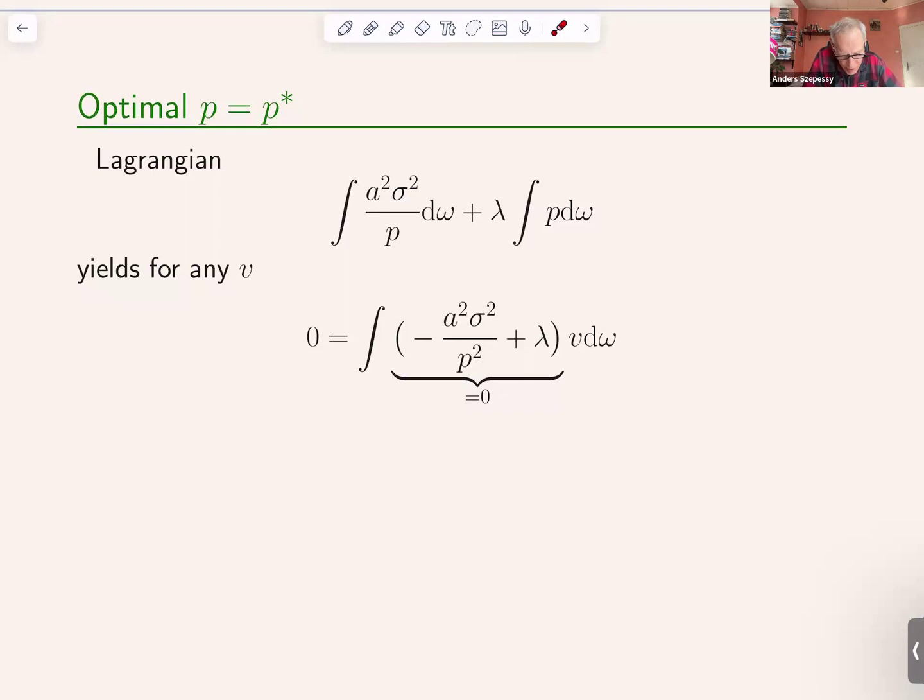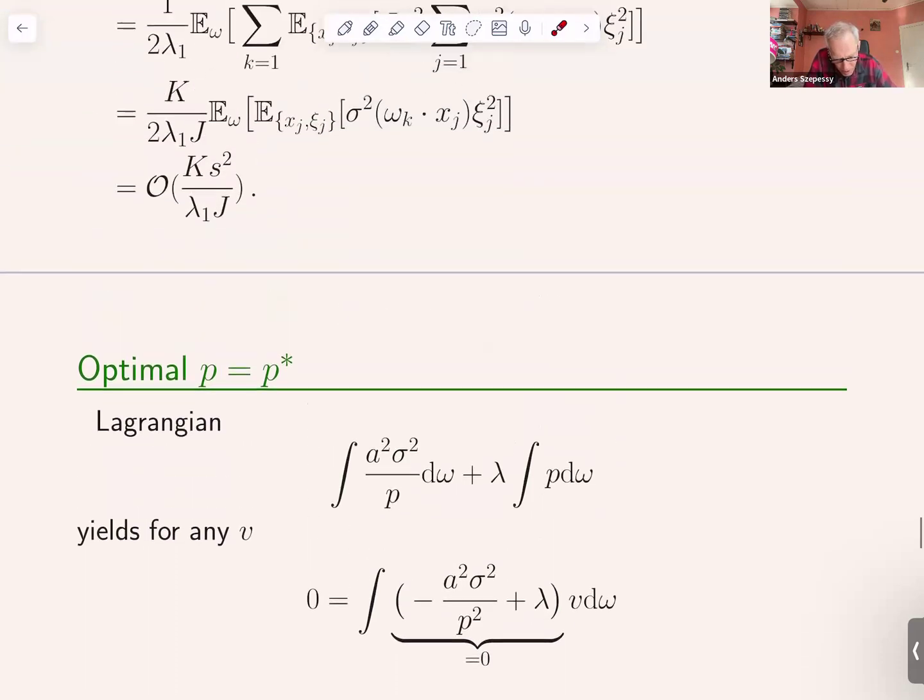So we have some time left. In the beginning of the talk, I mentioned the optimal sampling density, and we saw the error estimate, the variance. Let me go back to the variance.